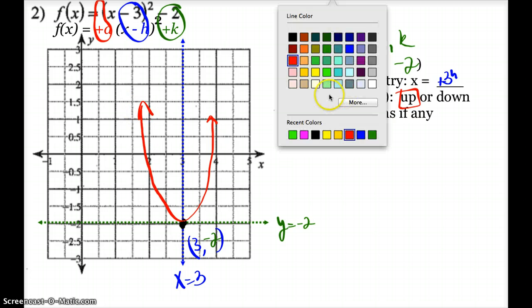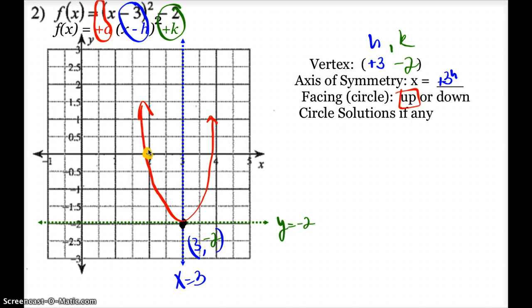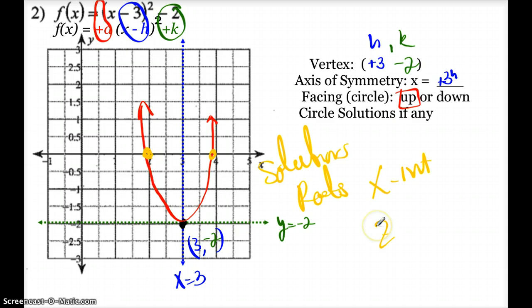And my solutions, it's asking me to circle, are going to be there and there. Solutions, roots, x-intercepts, and zeros are all right there. All four of those are the same. Okay, can't stress that enough. They will all be the same. They're all right there.